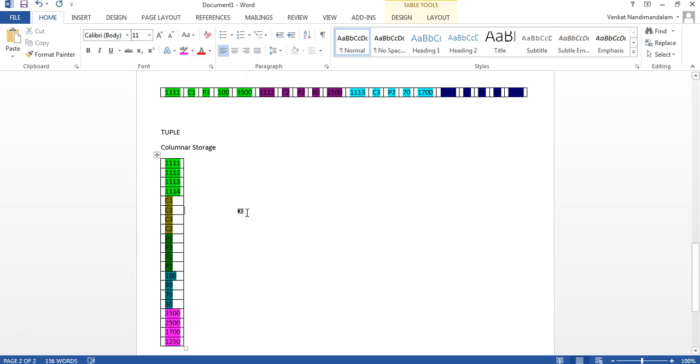Okay, if you look at these tuples, definitely you have got duplicate values here. You see, C2 has come 2 times in this, and then in this P2 has come 2 times. So what happens with the columnar storage is, as it is going to store all the column values in one tuple, it only stores unique values.